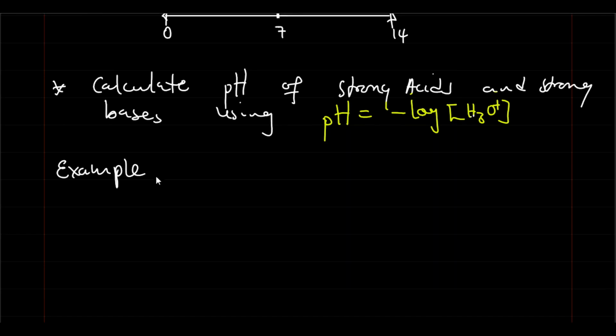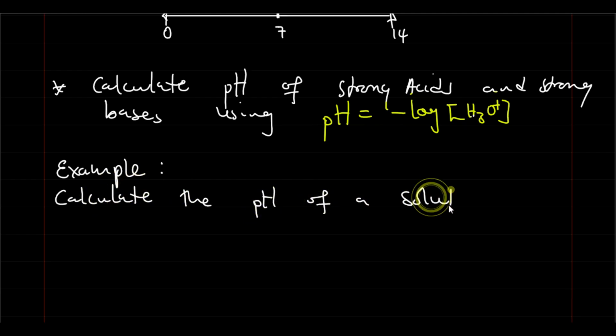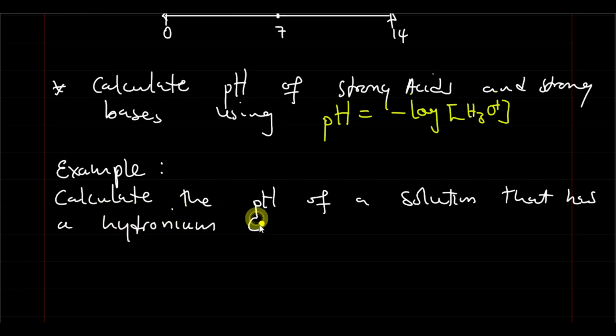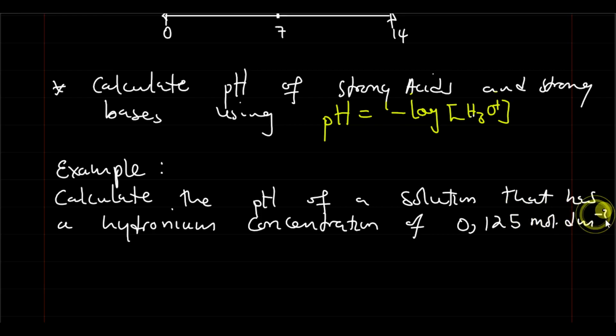So if our example says calculate the pH of a solution that has a hydronium concentration of 0,125 mole per decimeter cube.